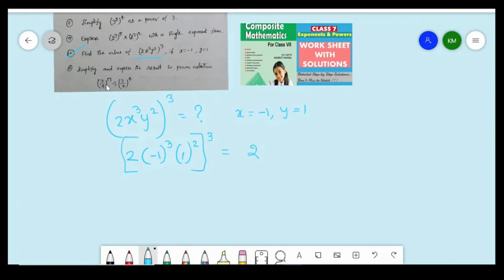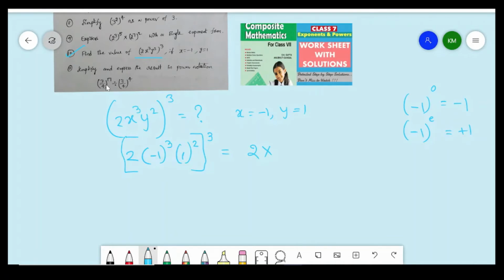I already told you, -1 raised to an odd number of times is always equal to -1, and -1 raised to an even number of times is nothing but positive 1. So here (-1)^3 is nothing but -1 only.